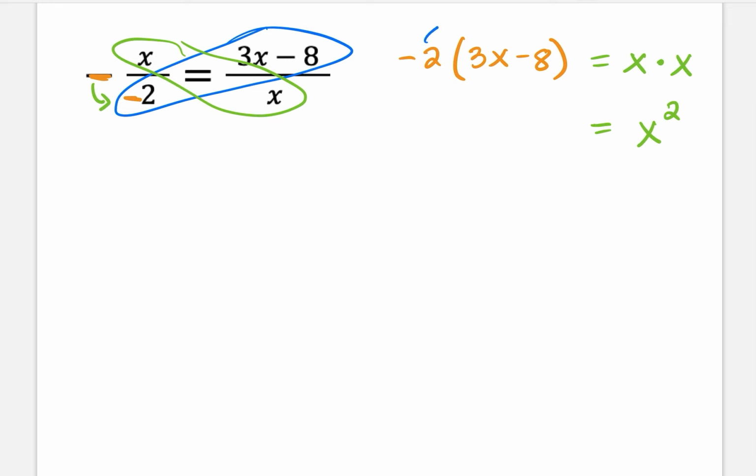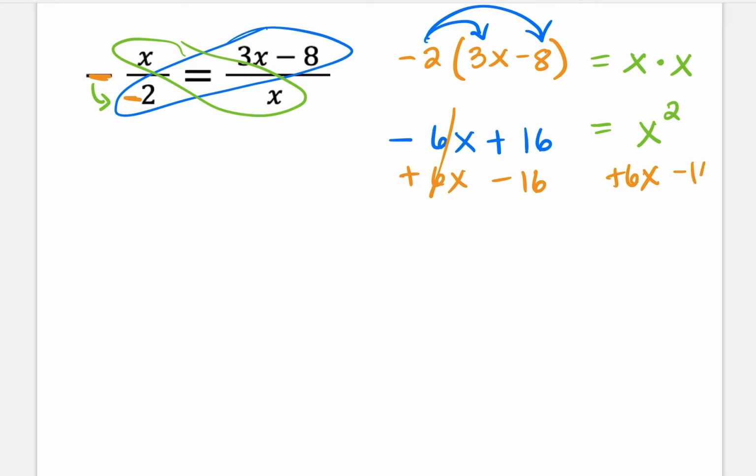And so we'll distribute negative 2, and that's going to be negative 6x. And then that would be positive 16, making the equation equal to 0. So I am going to move everything of this equation over to the right side. So plus 6x to cancel this on this side, and then the inverse of positive 16 is negative 16.